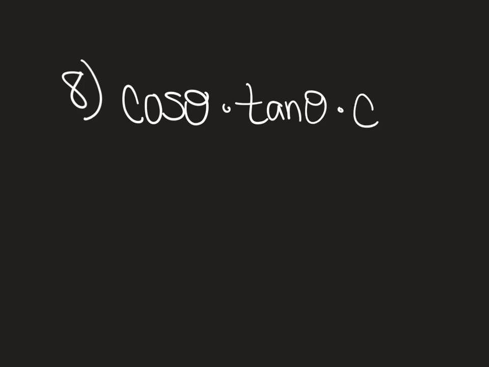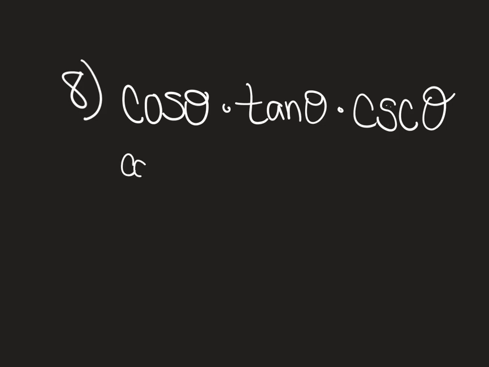Number 8. Cosine theta times a tangent theta times a cosecant theta. Well, nothing's squared here, so your best bet when everything else fails is to go back to your roots, go back to your sines and cosines.